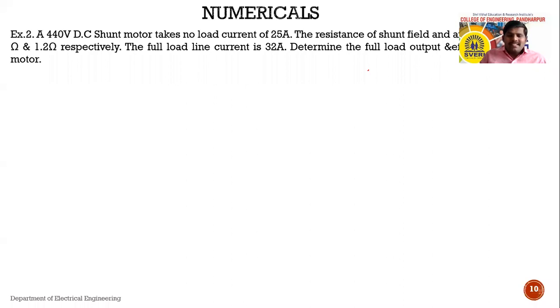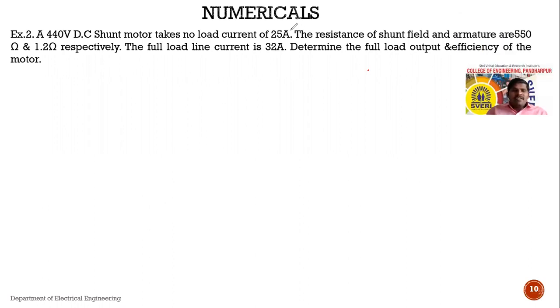Okay, next example, all of you write this example. A 440 volt DC shunt motor takes a no load current of 25 ampere. The resistance of shunt field and armature are 550 ohm and 1.2 ohm respectively.